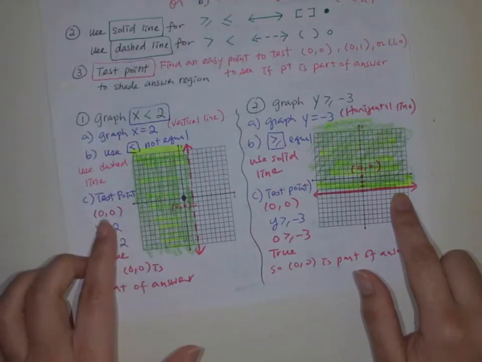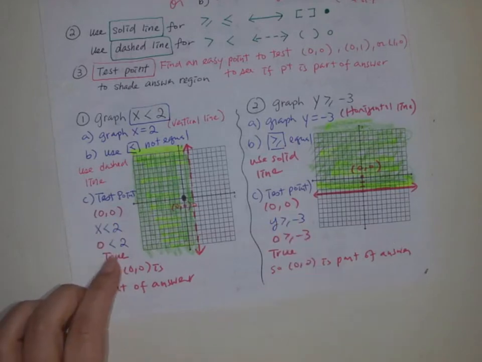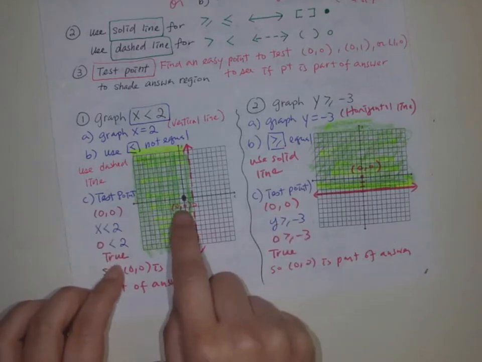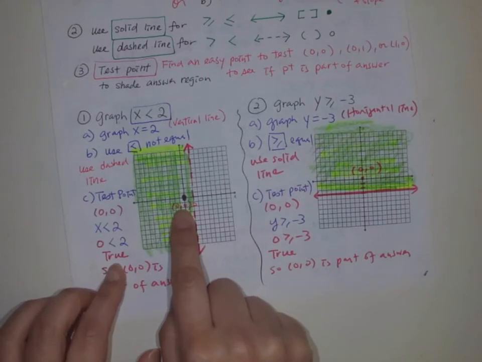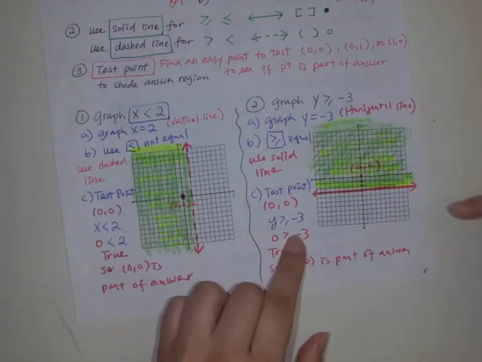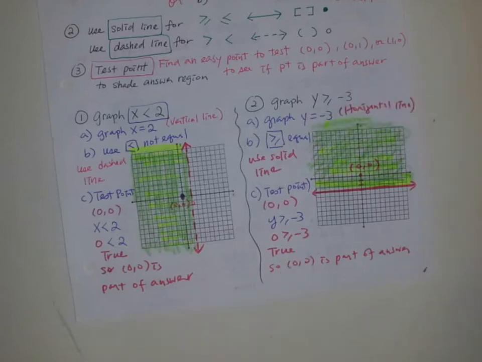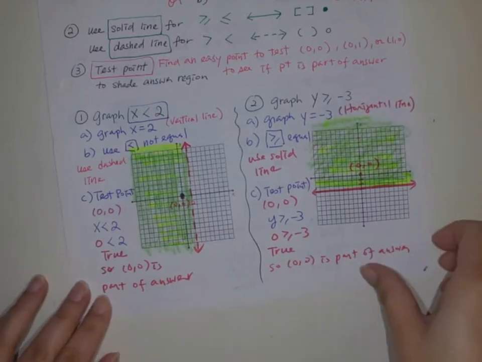After that, we plug in 0, 0 to test this inequality. The first one comes out true, meaning 0, 0 is part of the shaded region, so we shade all of this. And for the second one, 0, 0 is also part of the true statement, so we shade that region. So that's how you do the basic one.